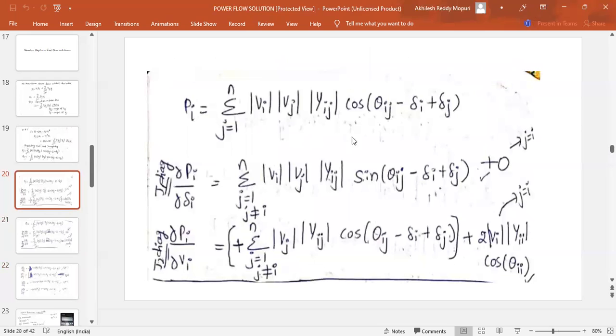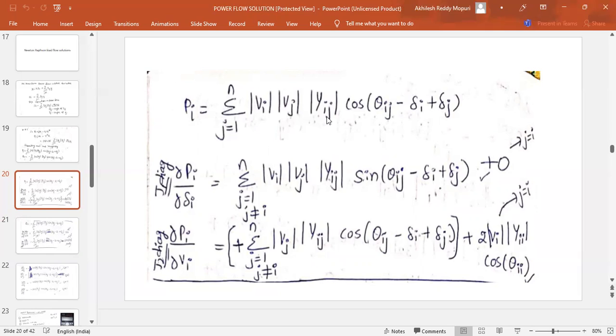Now we have differentiated Pi with respect to del j. Let us differentiate Pi with respect to Vj. Suppose we want to differentiate P2 with respect to V3. V3 will be present only when j is equal to 3 in this summation; j equal to 1 and j equal to 2 will get cancelled. Again, here we should take the two conditions.